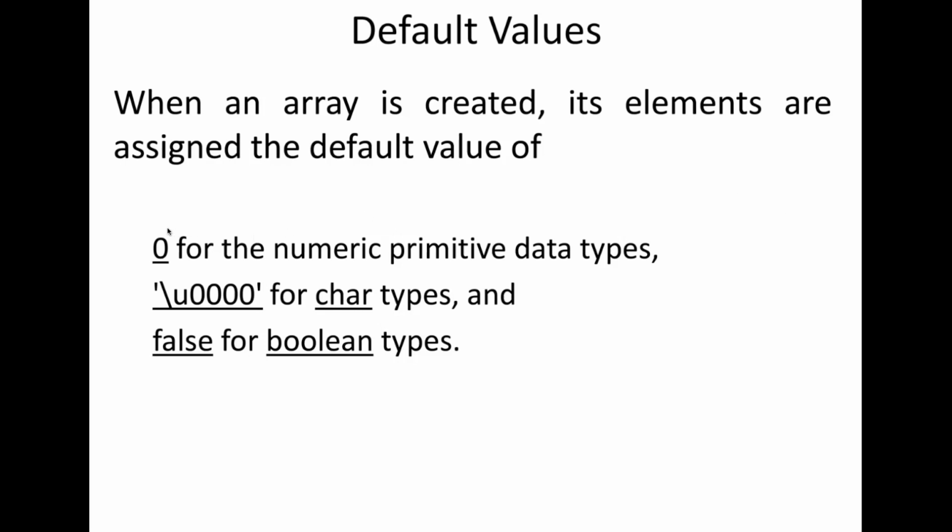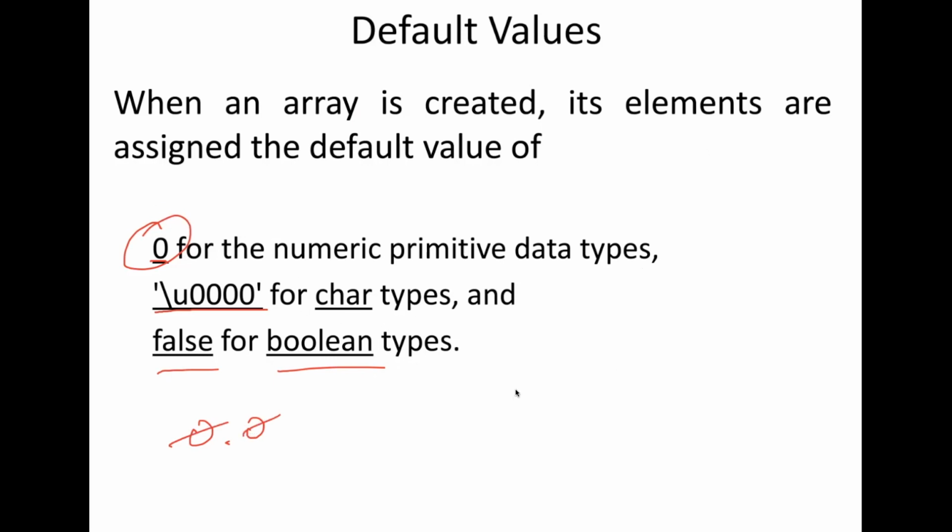If your array is an integer array, then every single one of these elements would have a default value of 0. If this had been a char, every single one of these elements would have a default of backslash u0000. And if this had been a boolean array, then all of these elements will have a false value. If this had been a double, it would be 0.0, so on and so forth.